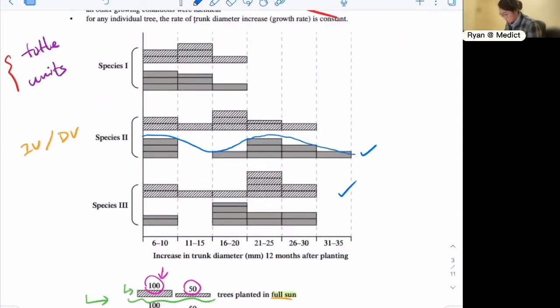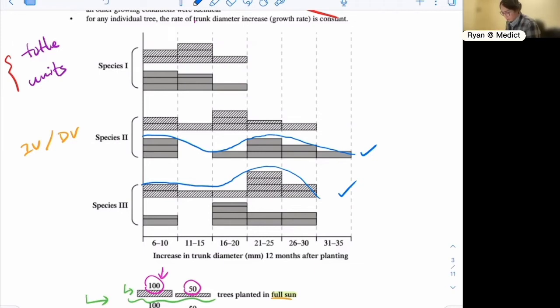So that's the distribution curve for species 2. And what about species 3? Species 3 in full sun is probably going to look something like this, right? So you start off at medium, and then towards the end you have that bump, and then it decreases quickly to 0.